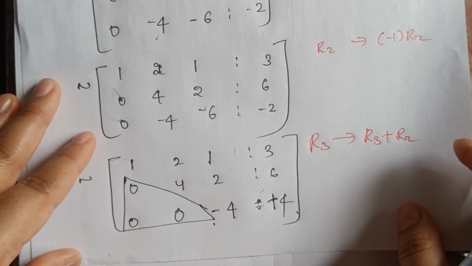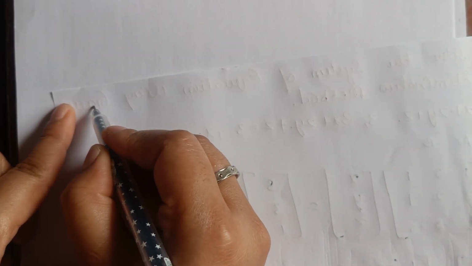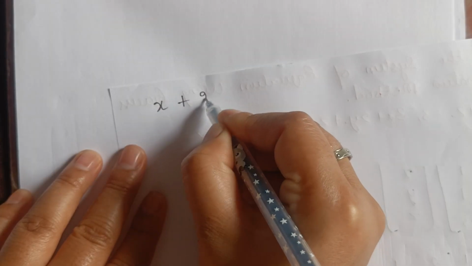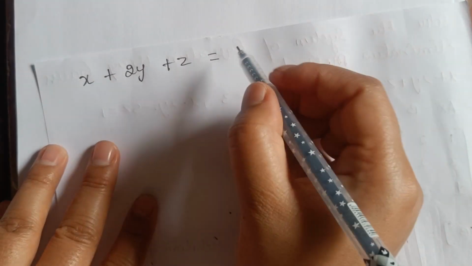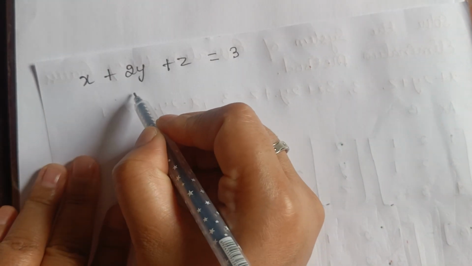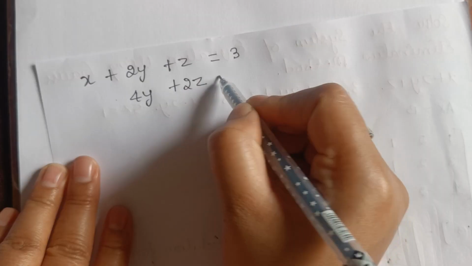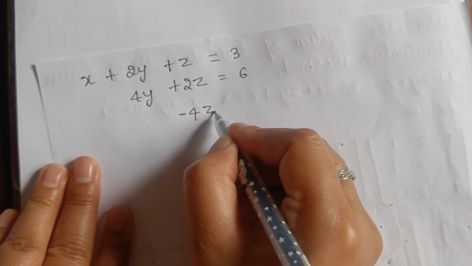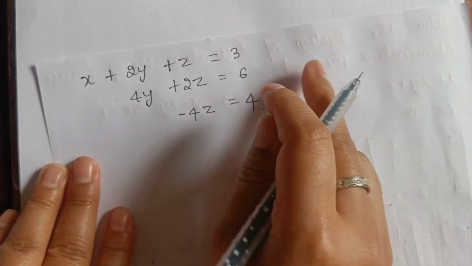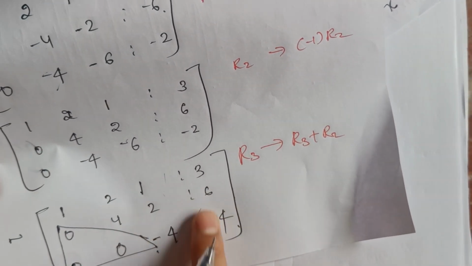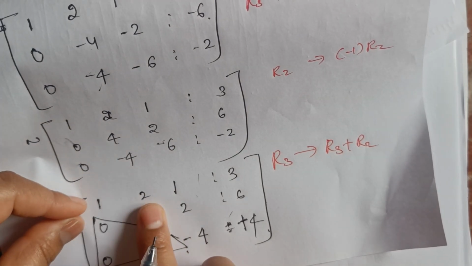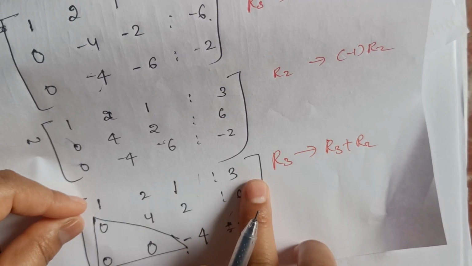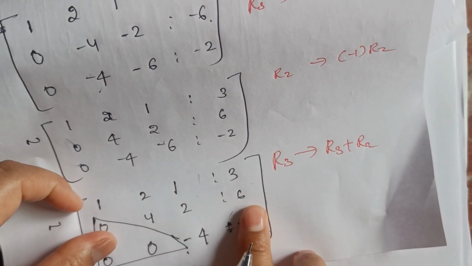From the reduced upper triangular form, what I have found is: x plus 2y plus z equals 3, 4y plus 2z equals 6, and minus 4z equals plus 4. So using that, I have found these equations.